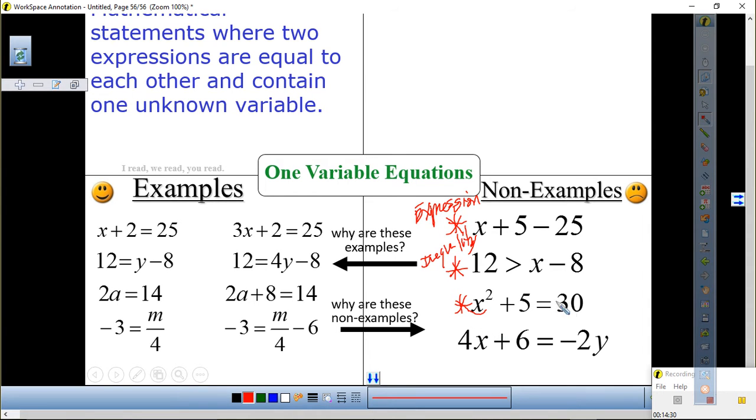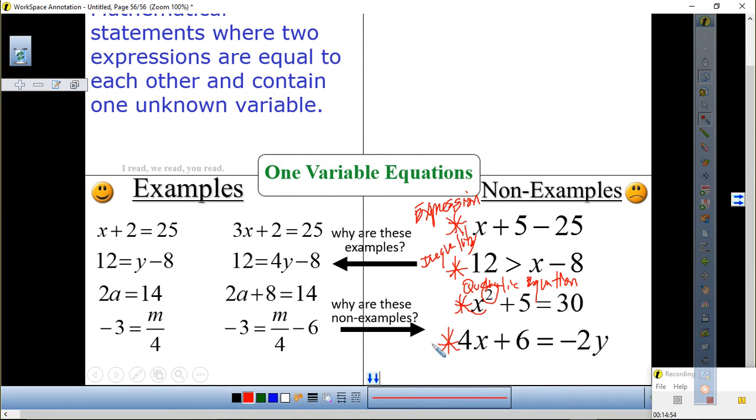And it could qualify as a one variable equation, but this one we call a quadratic equation once it has a square. You guys remember polynomials? To the second degree, it's a quadratic. We're going to be looking at these, by the way.